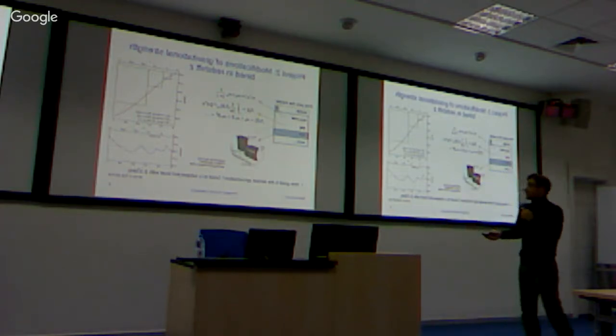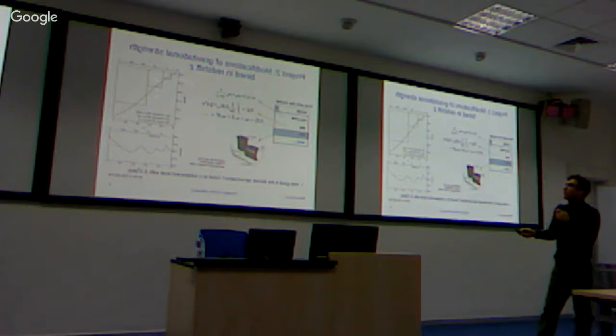If you compare the effect of DGP on the growth quantity, sigma 8, we can approximate it to within 1%.